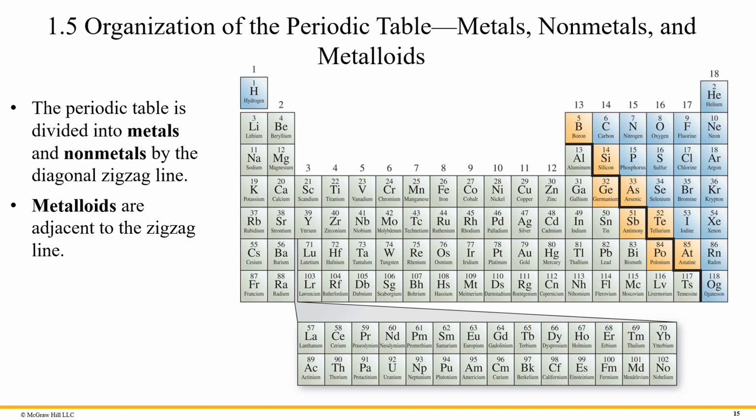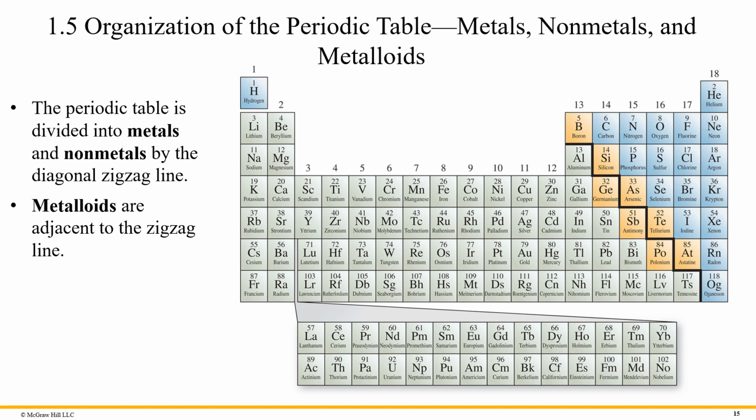Those few that belong to the metalloids have characteristics that fall in between these two. So they're not as ductile or malleable as the metals, but they're not as brittle as the nonmetals, and they are somewhere in between.